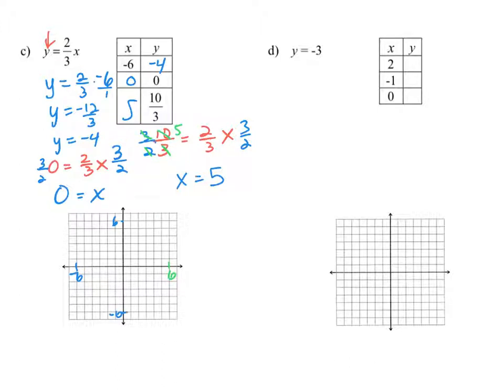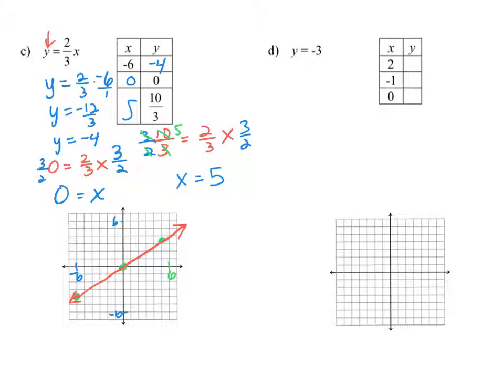We can plot the points, -6 in the x direction, -4 in the y direction, 0, 0 is a point, and over 5 up 10/3. Now 10/3 is 1, 2, 3, and 1/3. Now we can graph a line that goes through those points. Now the lines do go on forever, so that's why we put arrows at the end.